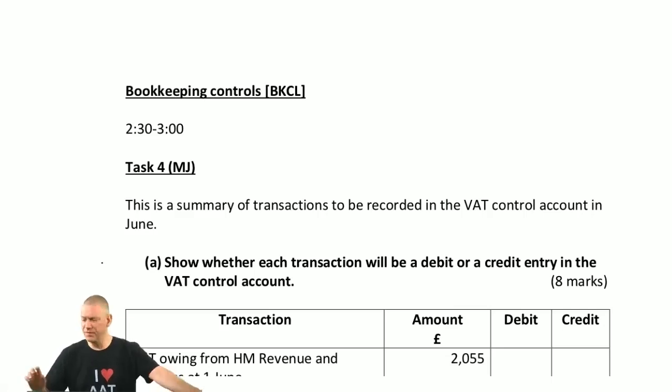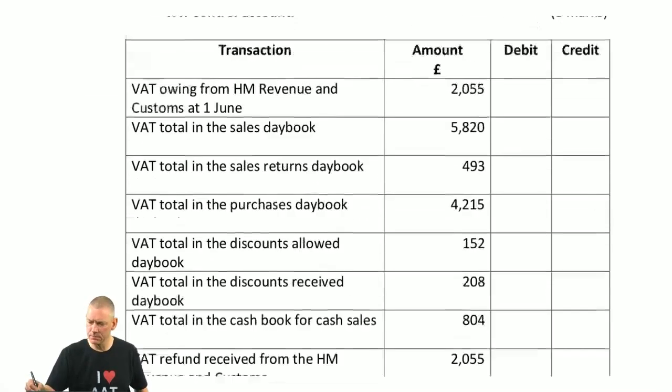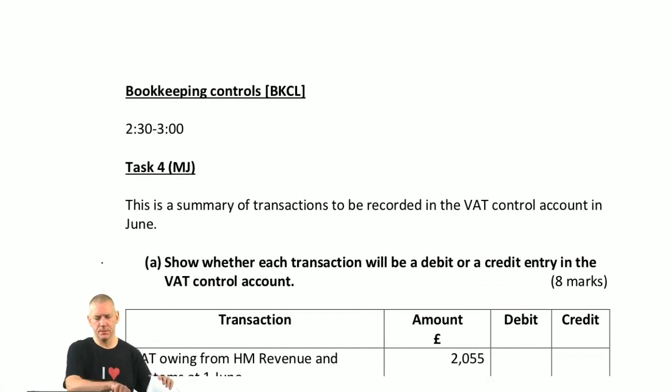Let's have a little look at this. Let me get my cheat notes in front of me just to make it that bit easier. So what I need to do is to answer the requirement.